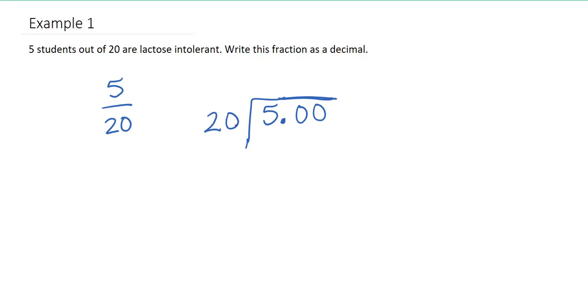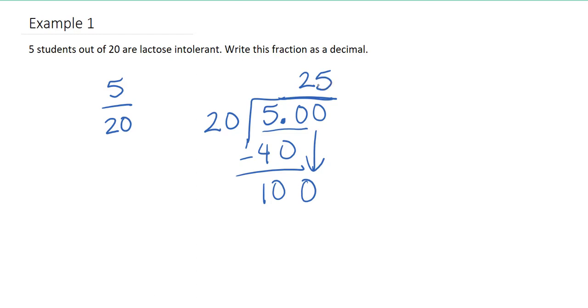So 20 can't go into 5, but it can go into 50 2 times, because 20 times 2 is 40. So we go ahead and subtract. We get 50 minus 40, which is 10. So we notice we do need that second zero. We bring down that zero. Now 20 can go into 100 how many times? 5 times, so 20 times 5 is 100.